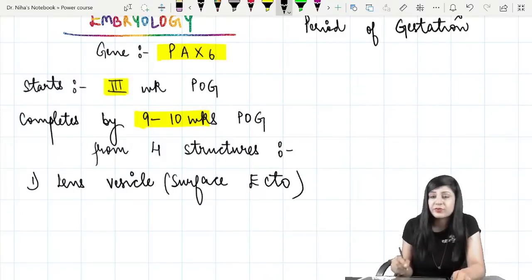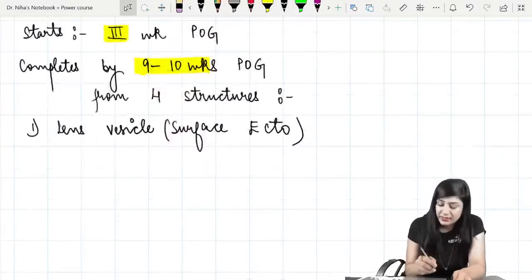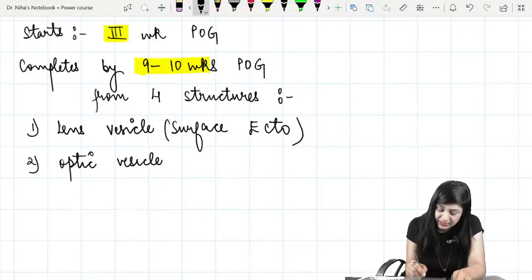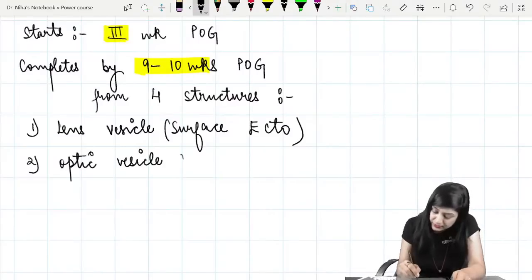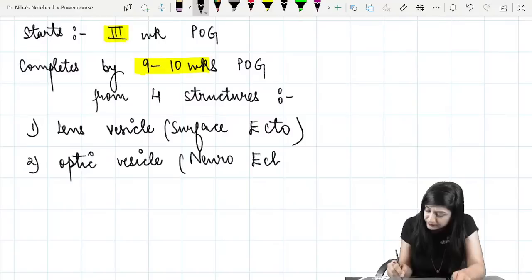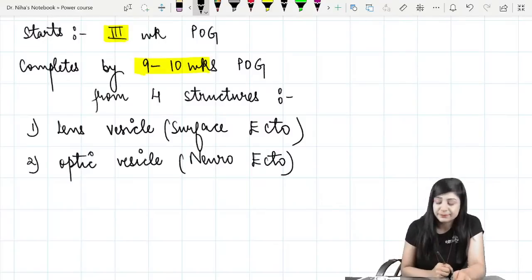Then number 2 is the optic vesicle. Optic vesicle represents the neuroectoderm.